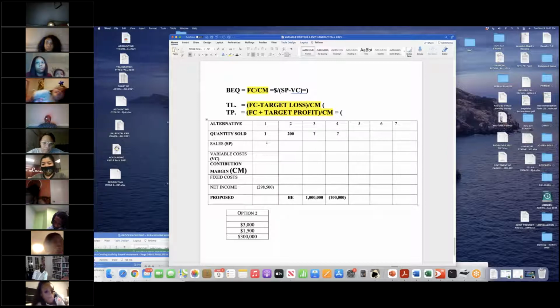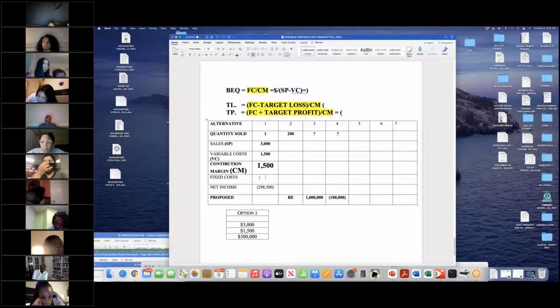Okay, so let's see if we can work this first one out. If we sold one, we'd have $3,000. The variable cost would have been $1,500. So the contribution margin, every time we sell one, $1,500 is contributed toward covering the fixed costs and making a profit.